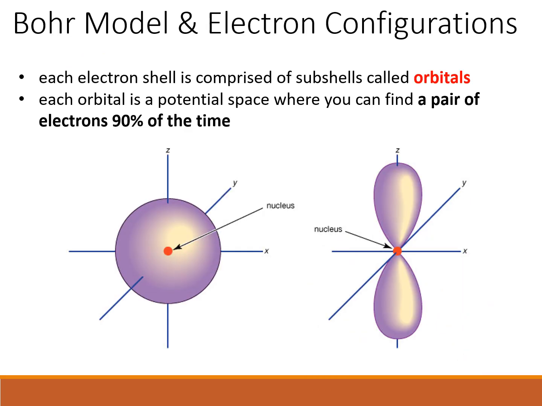Each electron shell is composed of subshells known as orbitals. And an orbital is defined as a potential space in the electron shell where you can find a pair of electrons 90% of the time. Think of an orbital as being a little box in that electron shell where, if you opened up that box, lo and behold, you would find a pair of electrons.